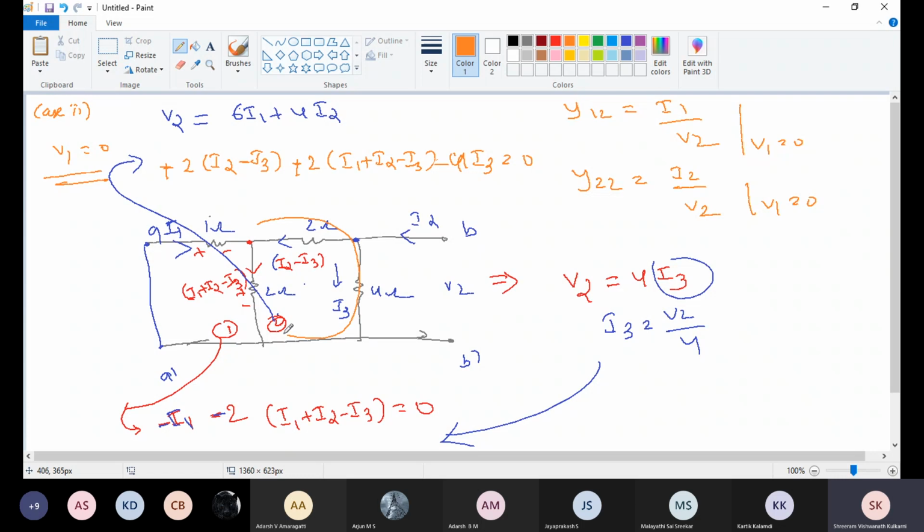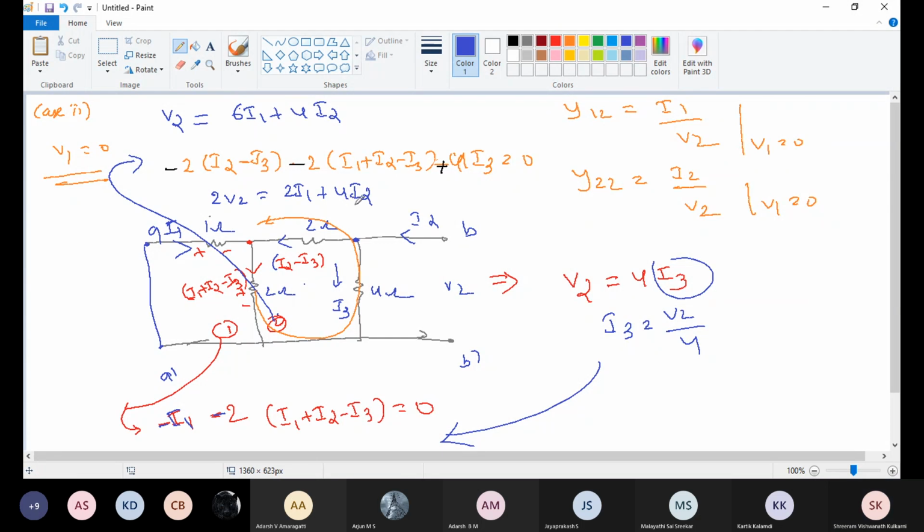Now in the textbook they have calculated like this, so we'll keep it like this only. This one is plus. Okay, the final answer from this equation is 2V2 equals to 2I1 plus 4I2.